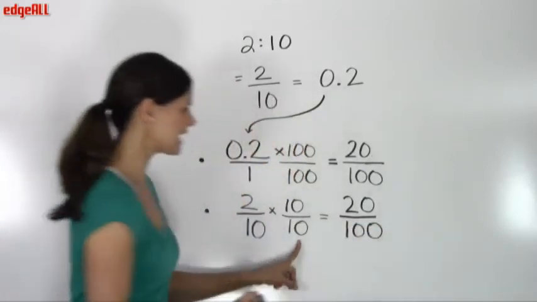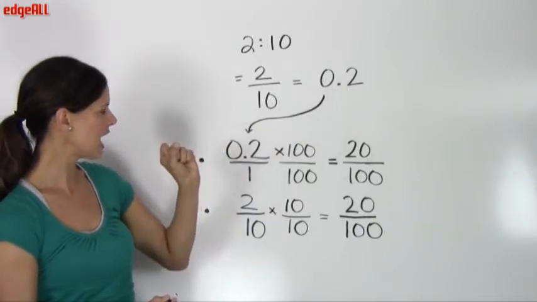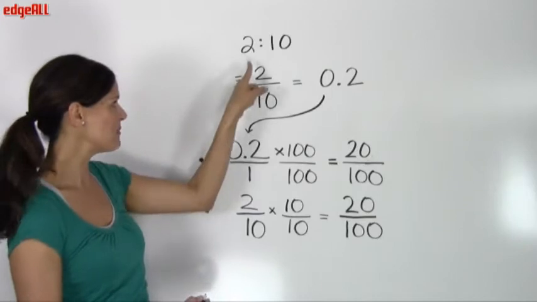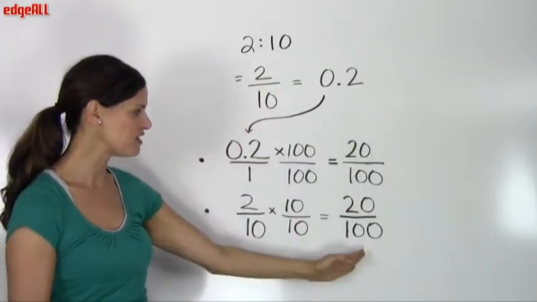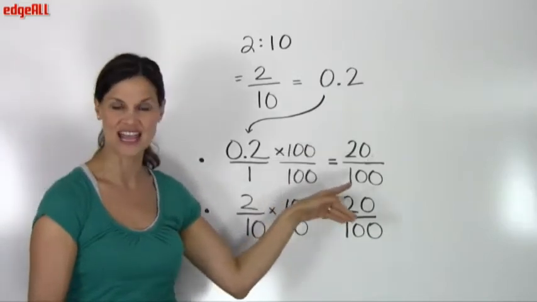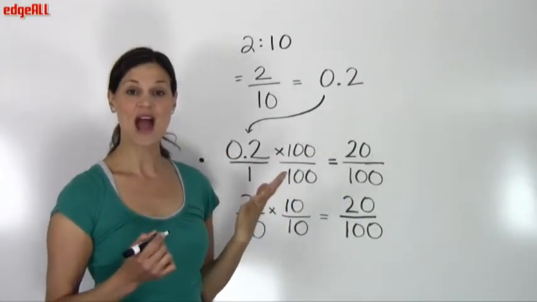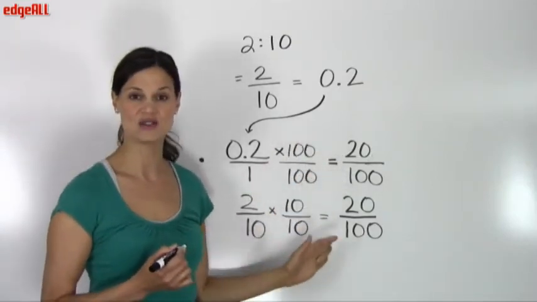And so you can see that both of these, this 0.2 that we had here, and our 2/10 here, both of them meaning a ratio of 2 to 10, we've converted both of these to a fraction with a 100 in the denominator. So now we have expressed both of these as 20 over 100.